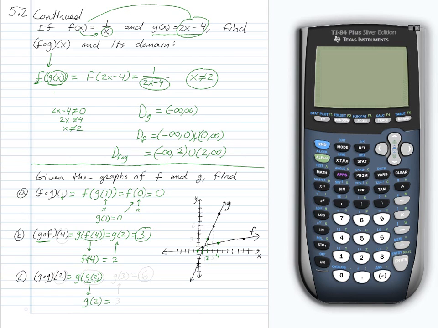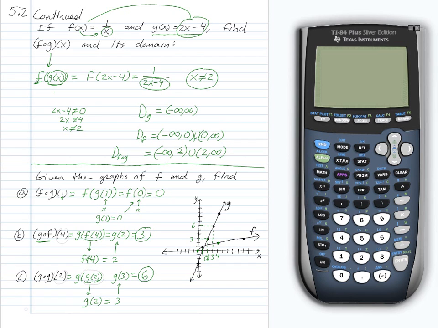Now again, we're looking along the linear graph, coming over to 2, coming up to the graph. That's at a height of 3. So that's going to become our input. So g of 3. Now I need to think of 3 as my input, come along the x-axis to 3, come up to my linear graph, and the output should be 6.